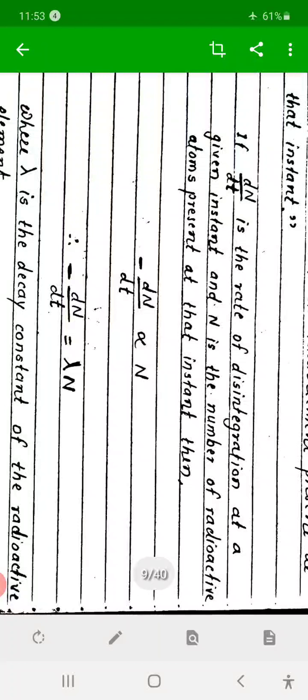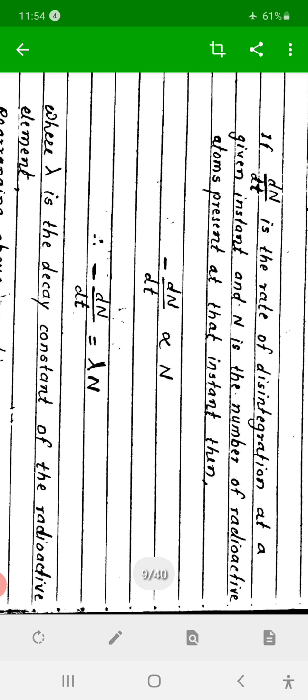The minus sign indicates that as time increases, the amount of radioactive substance decreases, and hence the rate of radioactivity also decreases.